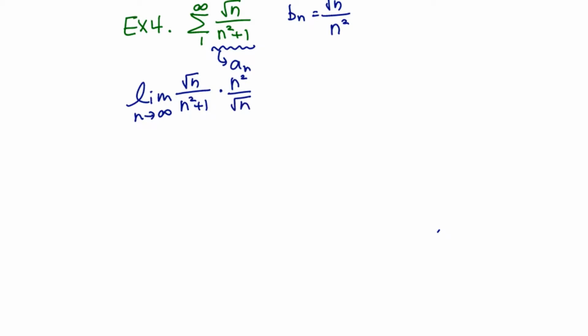I'm going to cancel out square root of n and square root of n, and as n goes to infinity, I have n squared over n squared plus 1, so that's 1, and we can say that this number 1 is finite. Finite means it's not undefined.